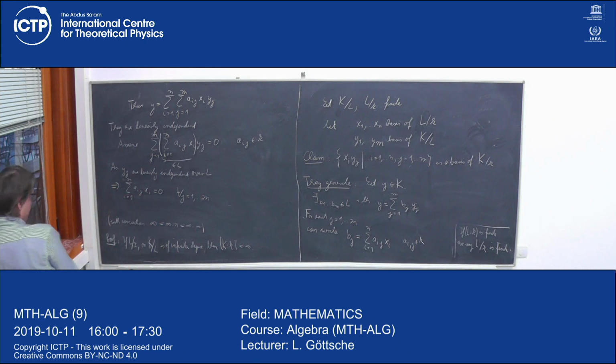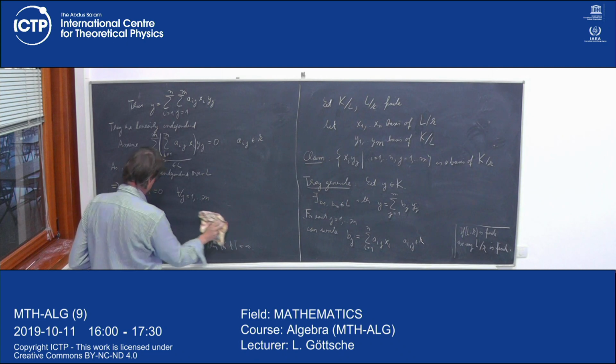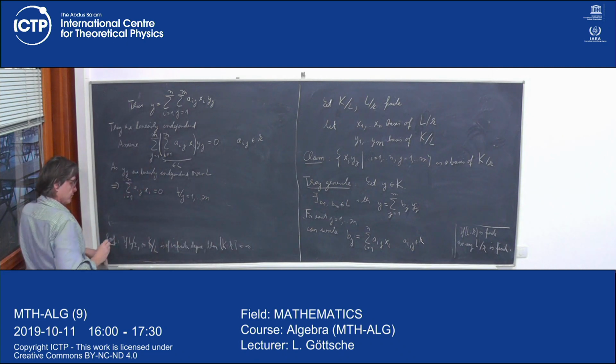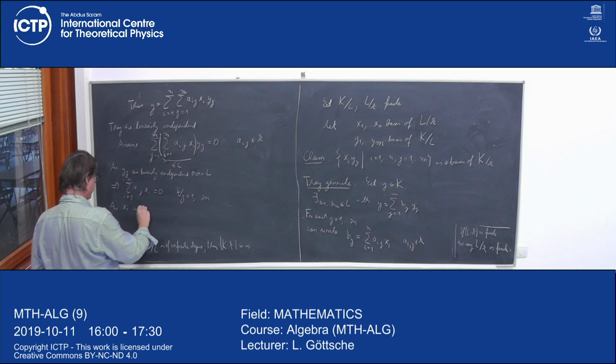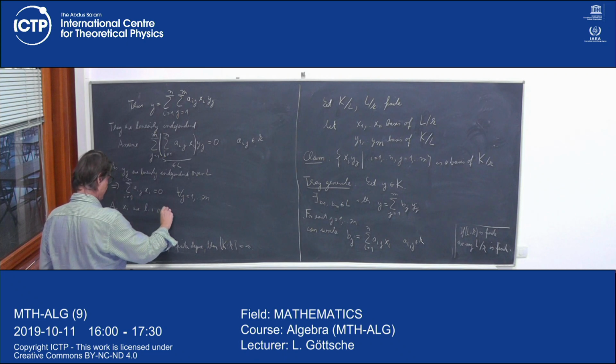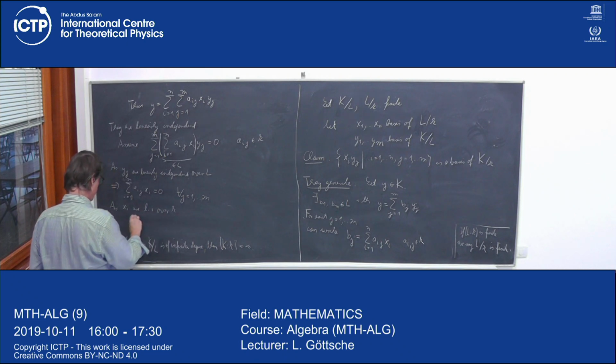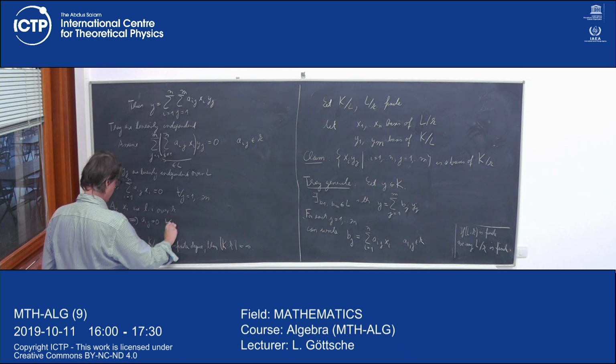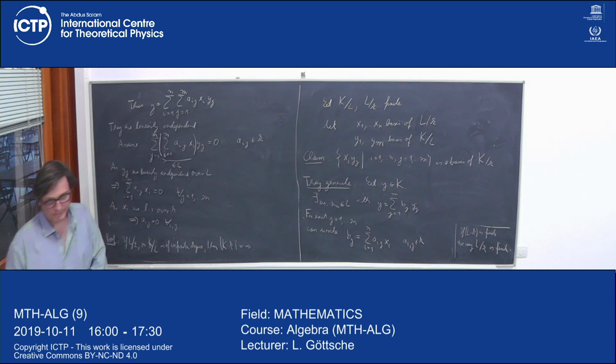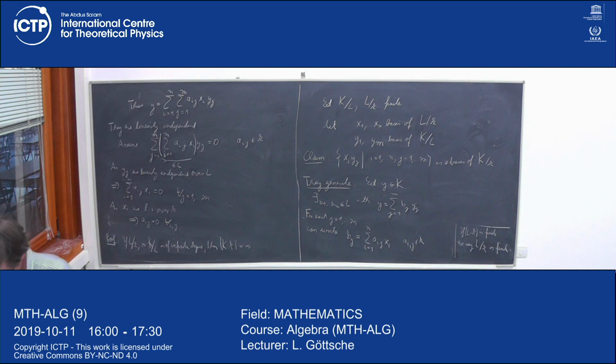And then the same argument again shows that all of them are 0. So as the x_i are linearly independent over k, it follows a_ij is equal to 0 for all i and j. Okay, so that's quite simple.